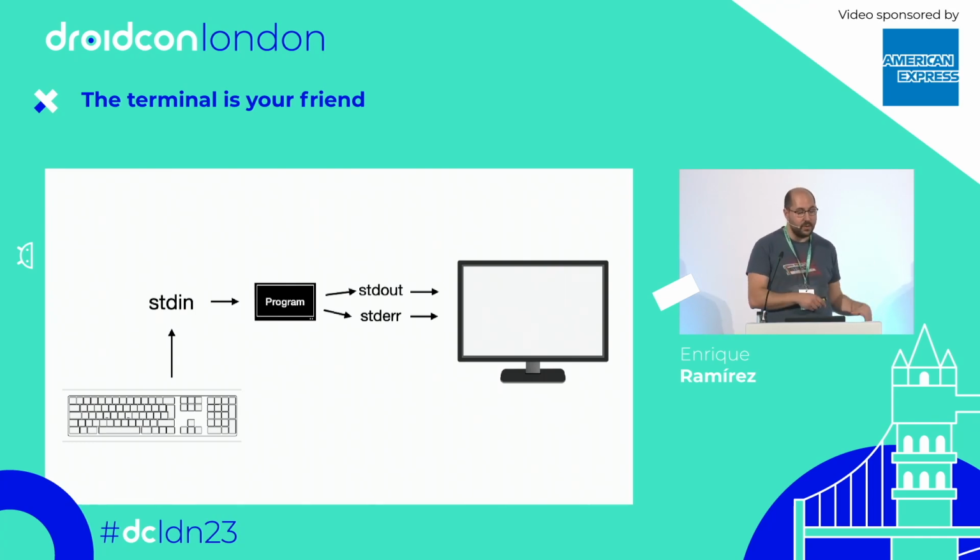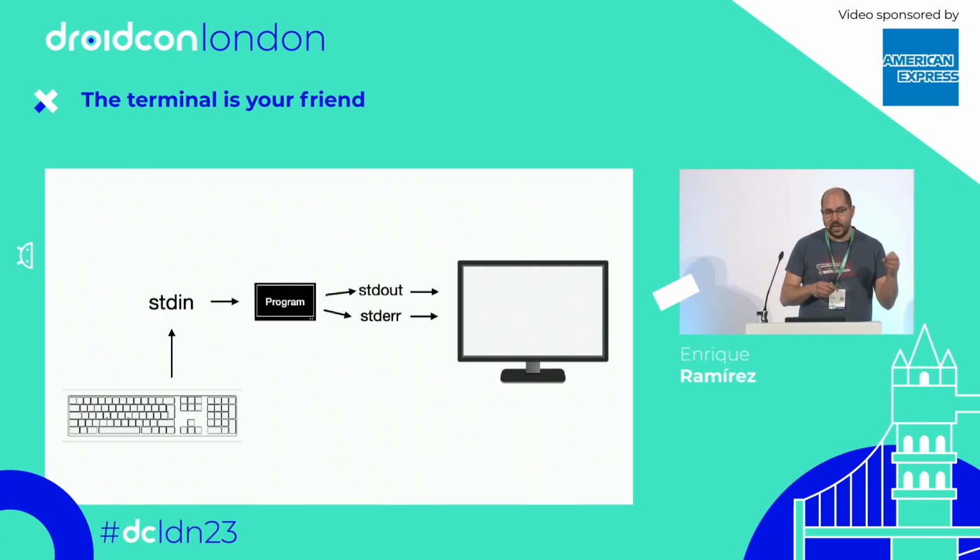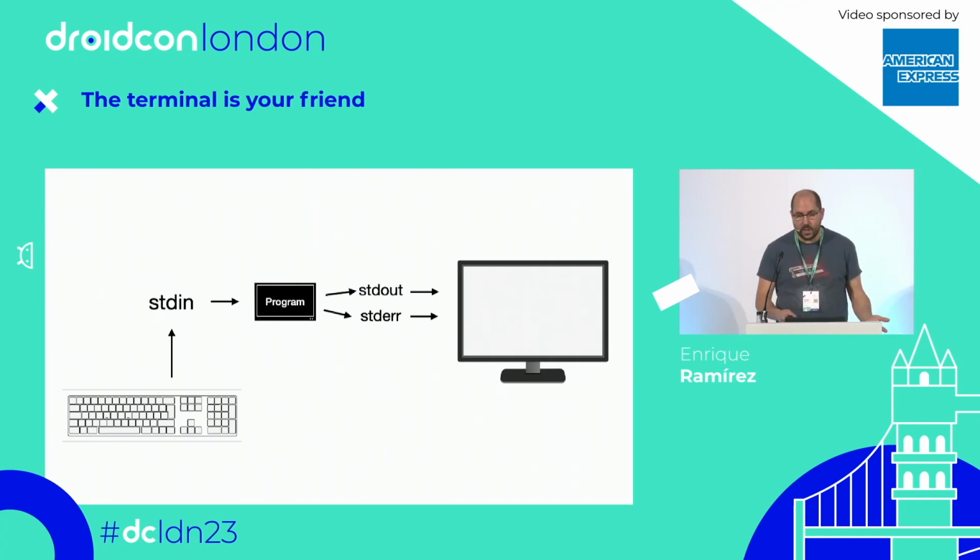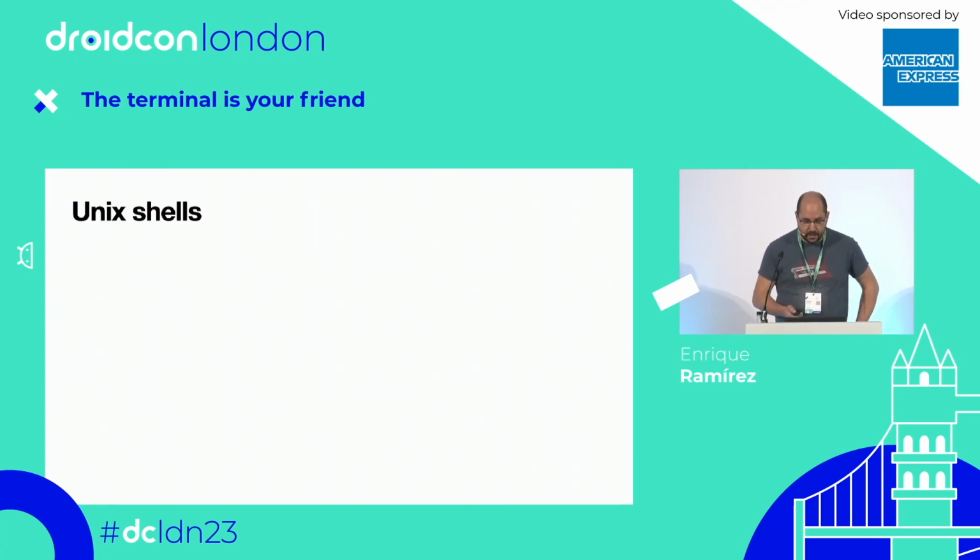Every time you type on your keyboard, that's going to be read there, and then you write your commands and you execute them. And there's a process in your system that will output the results on the standard output stream. Or if there's an error or a problem, it will output that on the standard error stream.